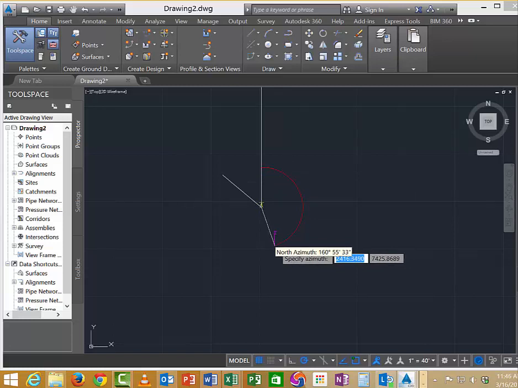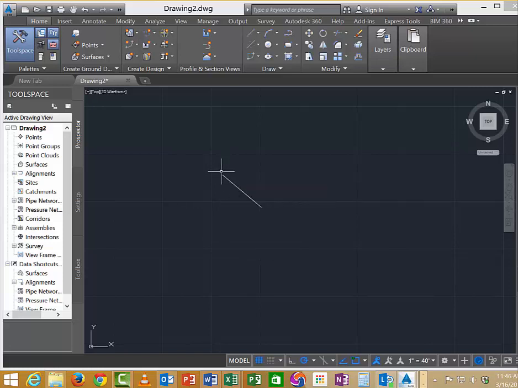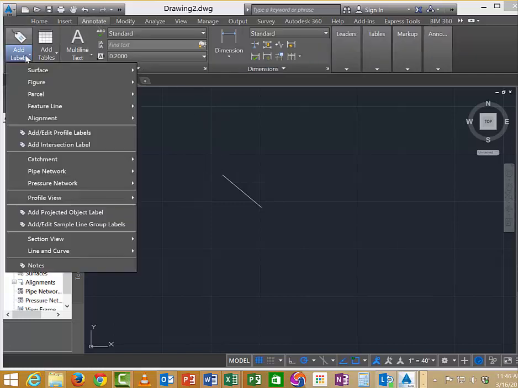Now I guess I could just delete that, and this would be the quadrant right here. If I put my X here, you can see that's the southeast quadrant based upon my azimuth. And I think you can actually have it calculate the bearing for you. Let's see if I can pull that off.